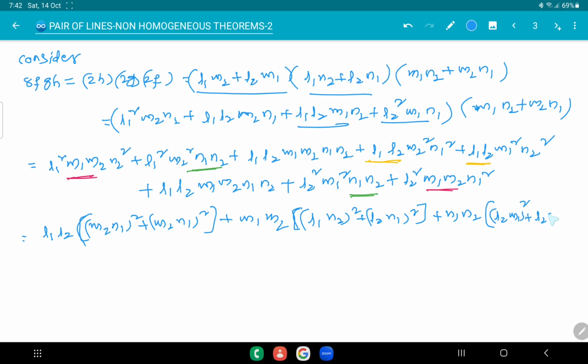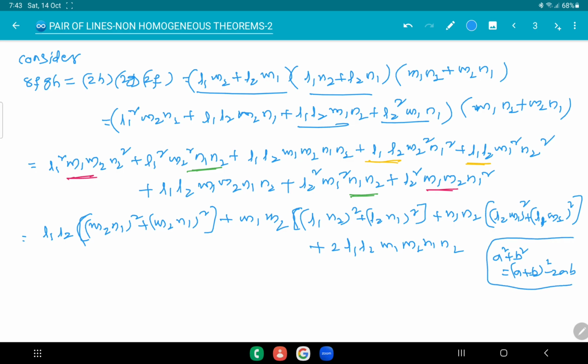The remaining unmarked terms are 2 L1 L2 M1 M2 N1 N2. We have to observe here that A square plus B square is equal to A plus B whole square minus 2AB. In each bracket this is A square plus B square, so I am going to use that formula.